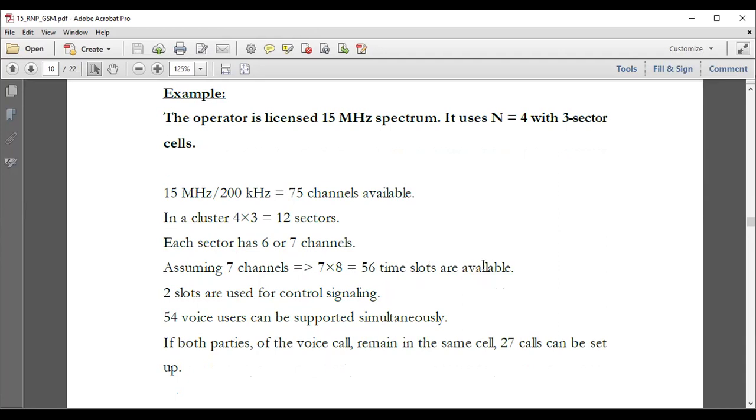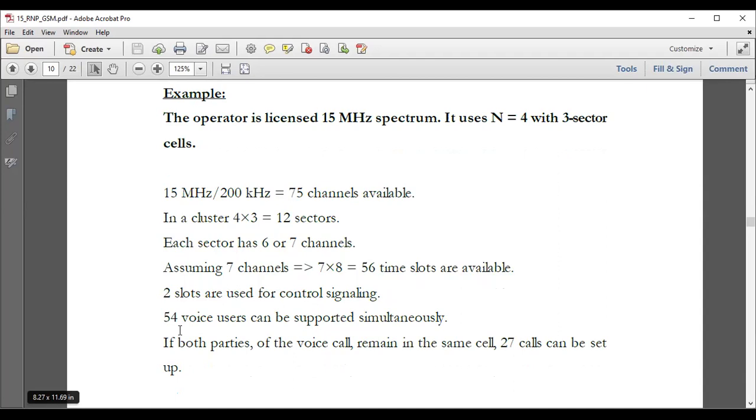So 56 users you can accommodate. However, 2 of them are used for control purposes. So for real data, you use 54 time slots, or 54 users can call at the same time.